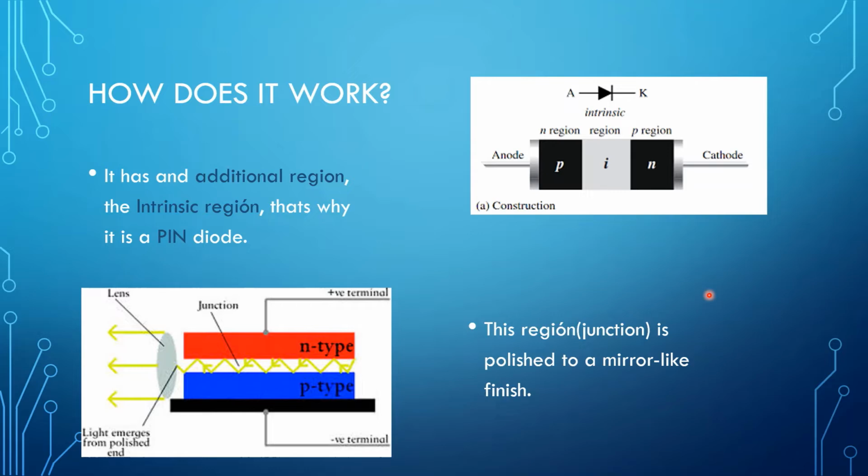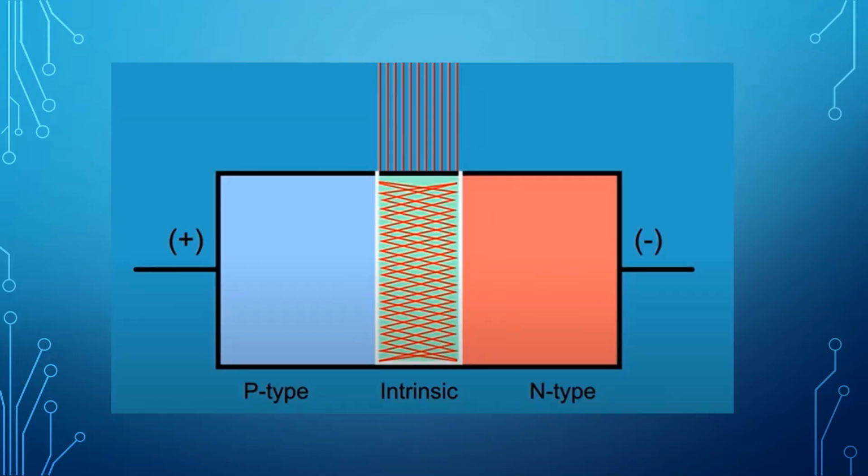This region, also called the junction, is polished to a mirror-like finish. The N and P regions of the diode are made of materials that emit photons as electrons and holes recombine. These photons enter the intrinsic region and bounce due to the reflection from the mirror finish, eventually leading to the collimation and the exit of a beam.